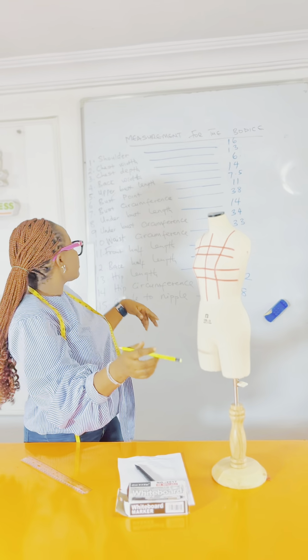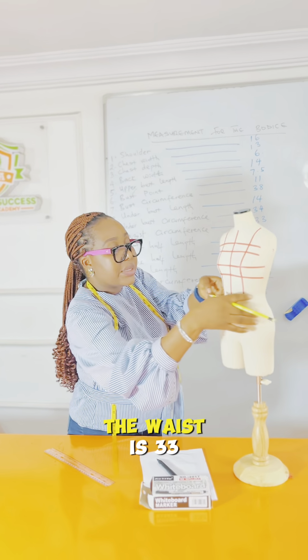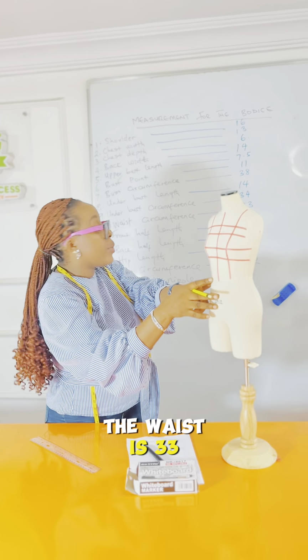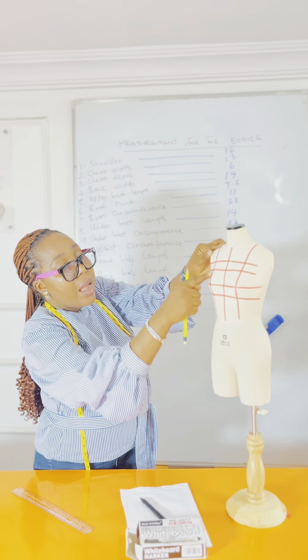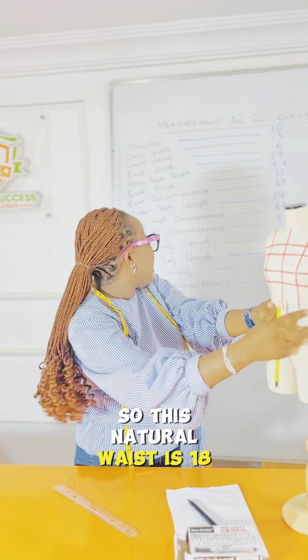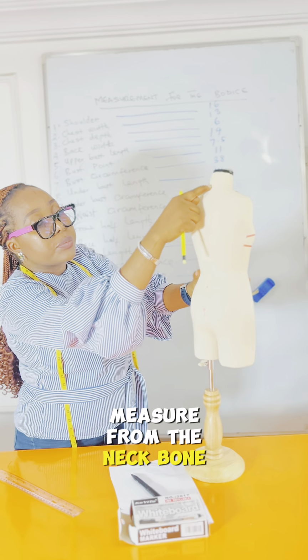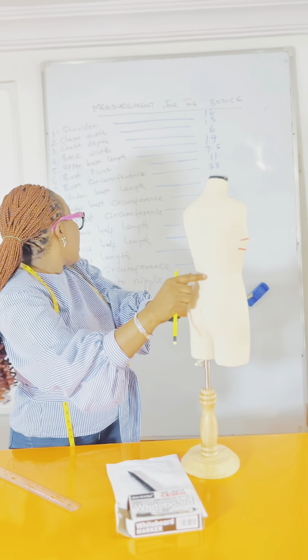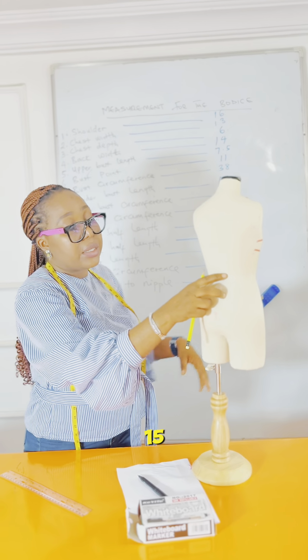All right. Now the waist circumference is 33, while the front half length, from here to the natural waist, is 18. Now measuring from the back, we measure from the neck bone to the waistline, and the back half length is 15.